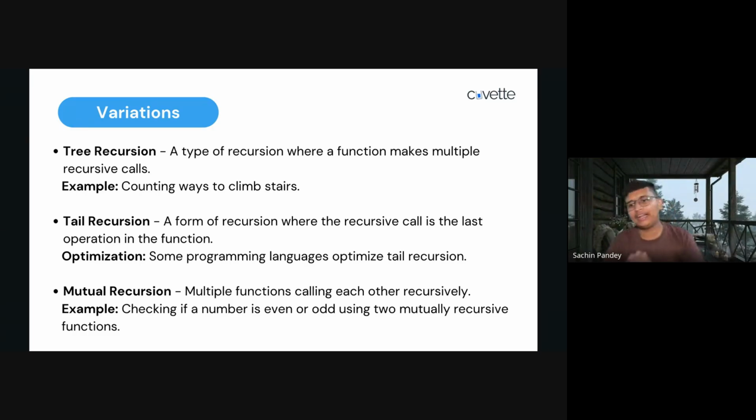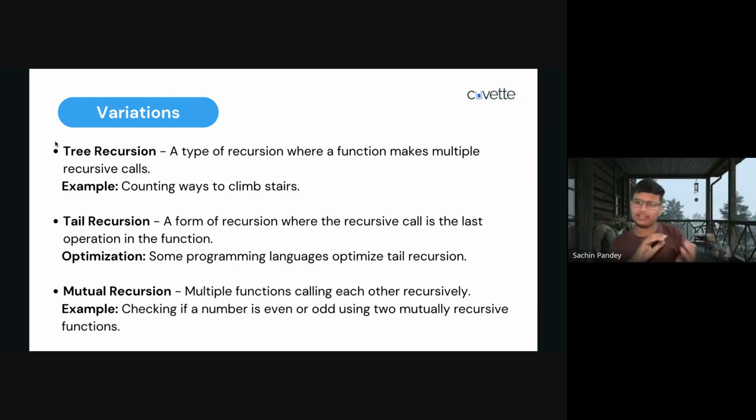Tail recursion. Tail recursion is super simple. Fibonacci, sorry, not Fibonacci, factorial. Factorial is a tail recursion. It is a form of recursion where the recursive call is the last operation in the function.